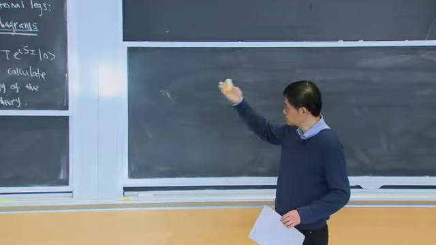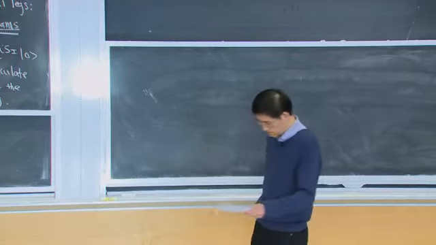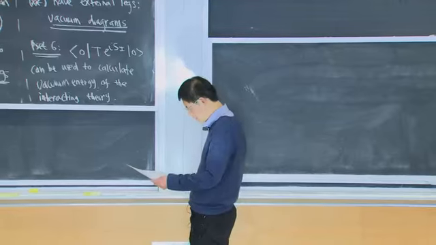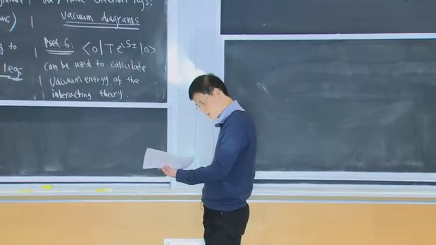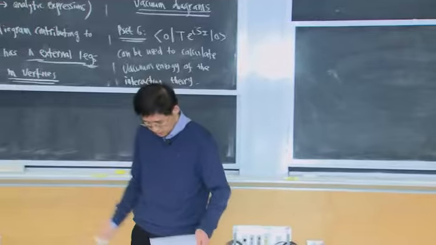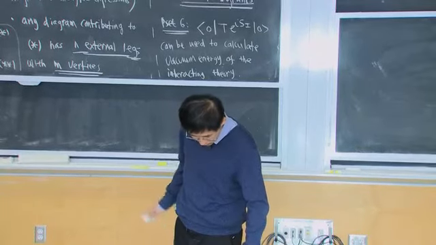But at least this is a formal way to calculate it, and how to remove the divergences, etc., is something we will not discuss in this class. It will be in QFT 2. So, any questions on this?